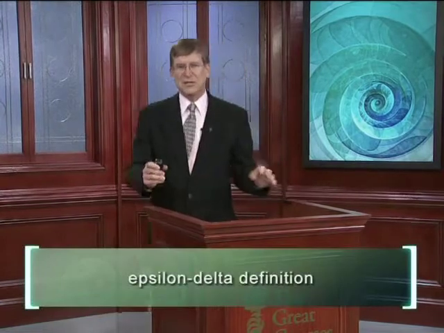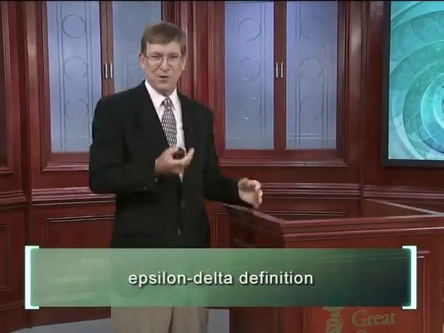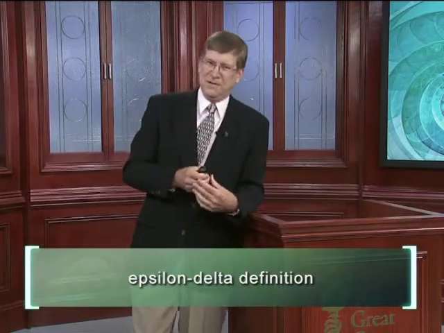But if you look in any calculus book, you'll see a precise definition of limit. It's very complicated. It's called the epsilon delta definition. And I remember as a student, we had to work with that definition. I never understood it. I didn't know what I was doing. It was a manipulation of symbols, just blindly doing stuff. We like to call it sort of a way to torture our students.